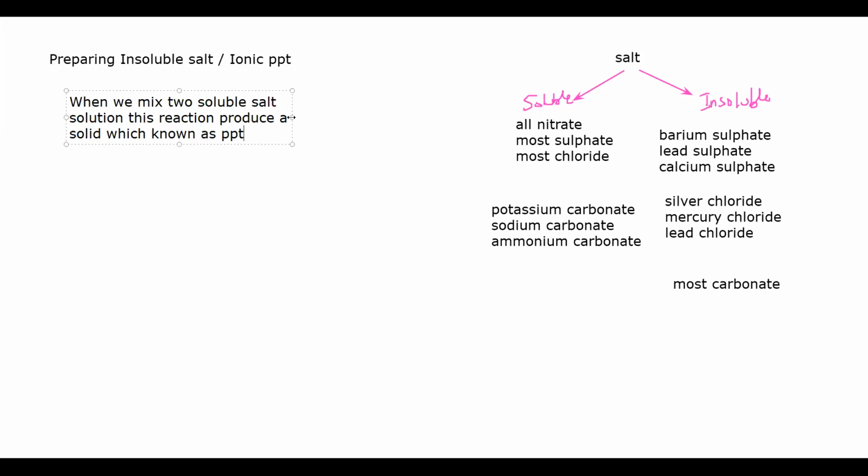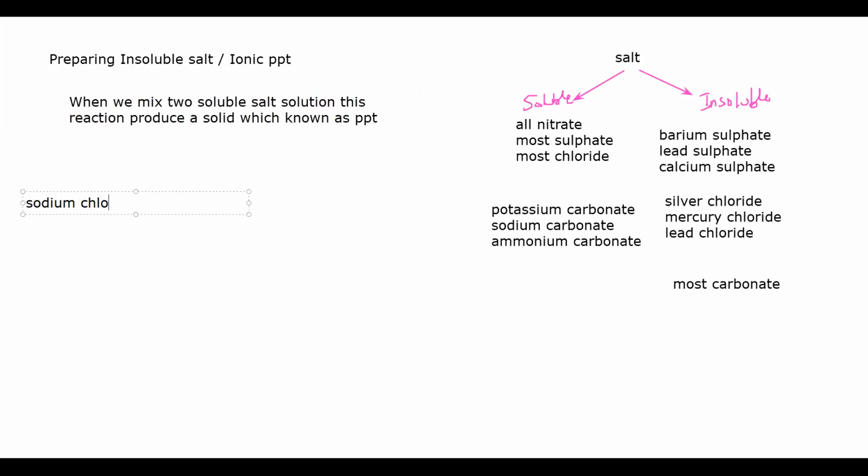So for example, if I have sodium chloride, I mix with lead nitrate. So these are the two salts. What will be the results? It's very easy to learn this.